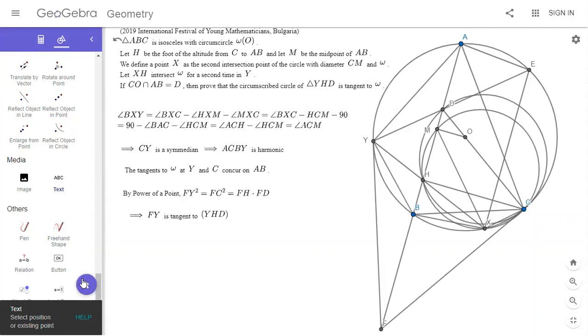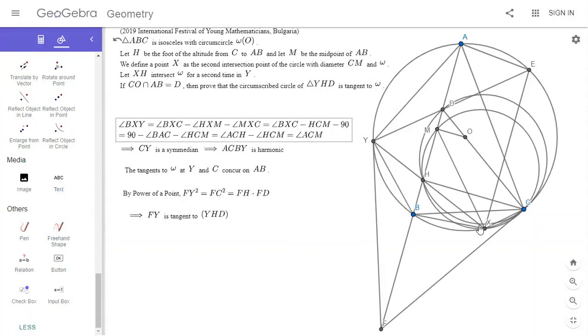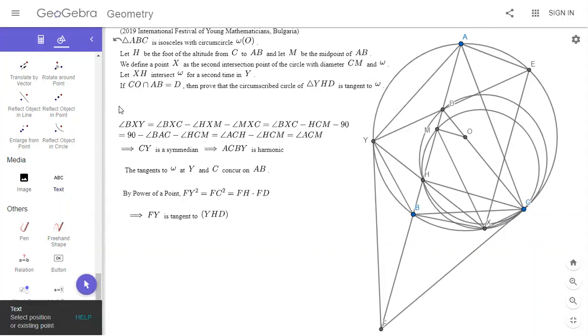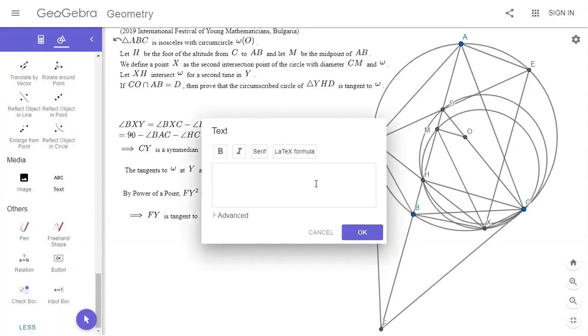So I'll just add the step in the beginning that, what is it? HDC. Oh yeah, we need that HDC is tangent to the circle. So I'm going to write that out. I deleted it earlier, but so angle DHC is 90.